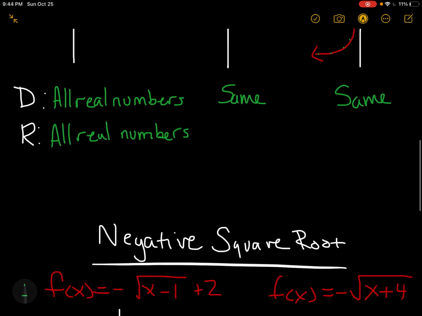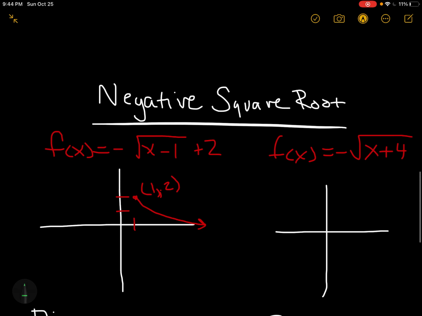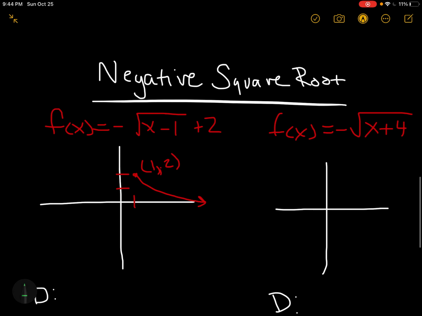However, for square roots, and specifically we're going to look at negative square roots because the other video goes over a positive square root example. We'll start here with this first example of f of x equals negative square root of x minus 1 plus 2.